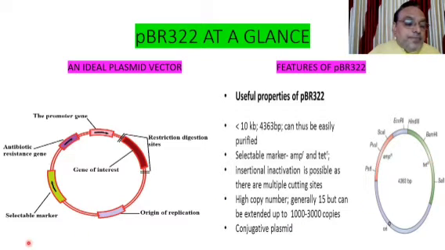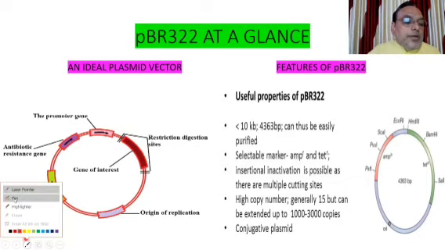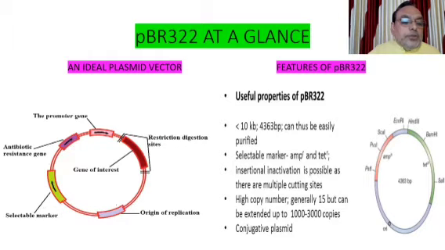So let us see in detail how it acts. Say here you have the tetracycline resistance site. Now there are sites of integration, sites of action, specific sites of identification by a particular restriction endonuclease.